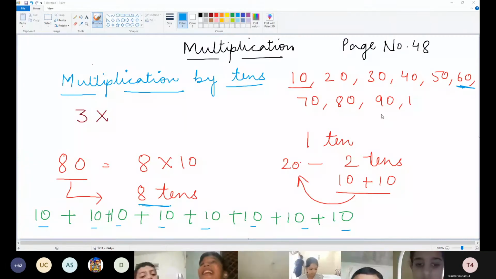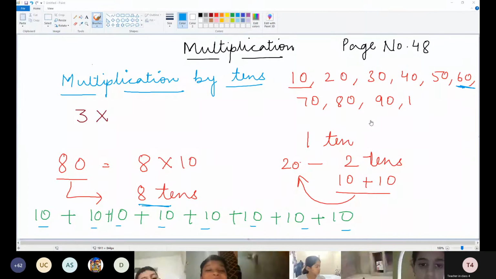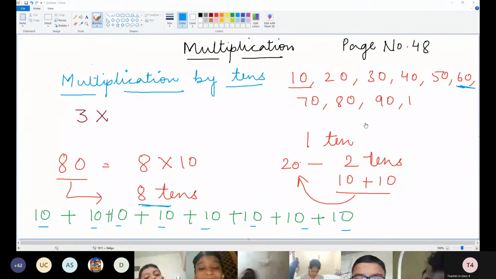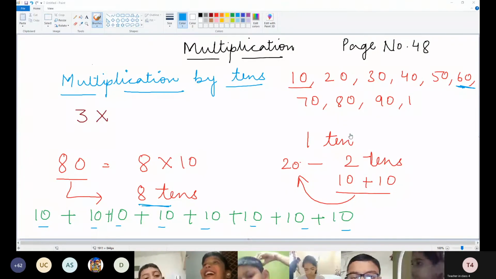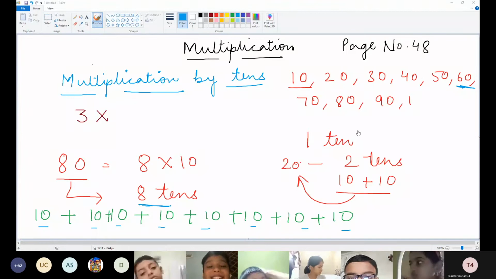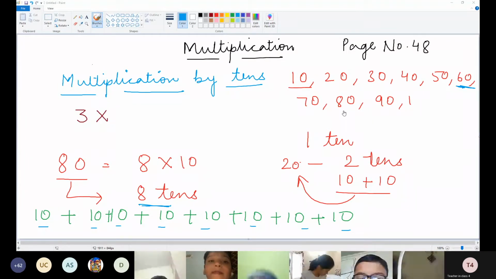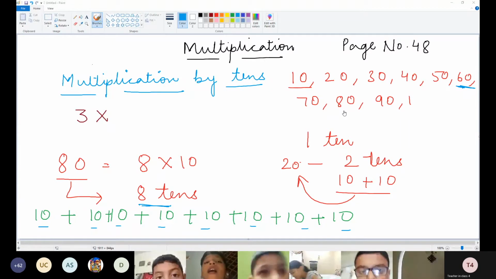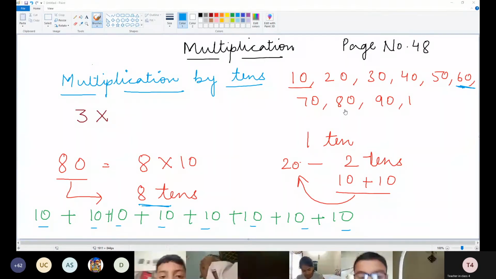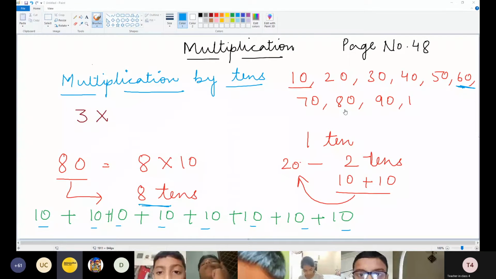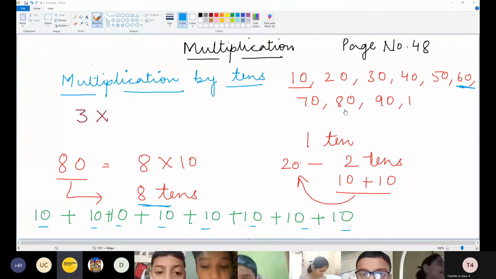Good. Have you understood everyone? Naisha? Anshuman? Have you understood? Yes, ma'am. Rita? Ishika? Abhipal? Pratiksha? Have you understood everyone?